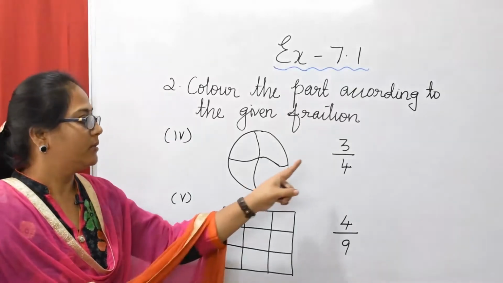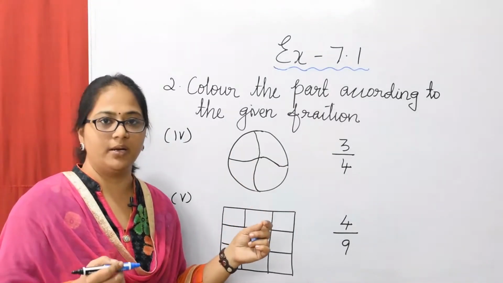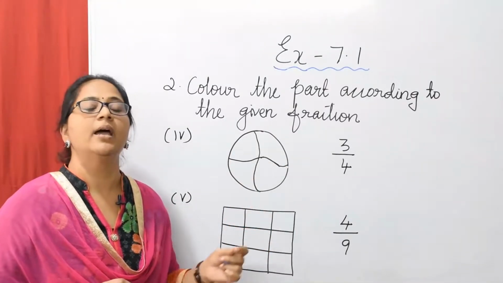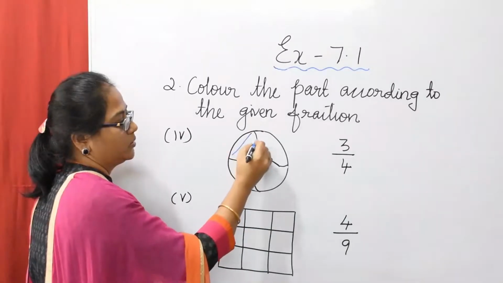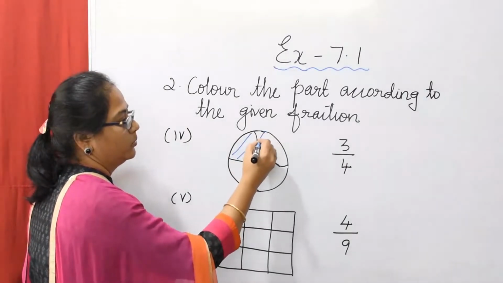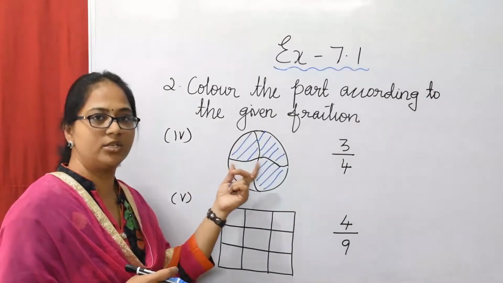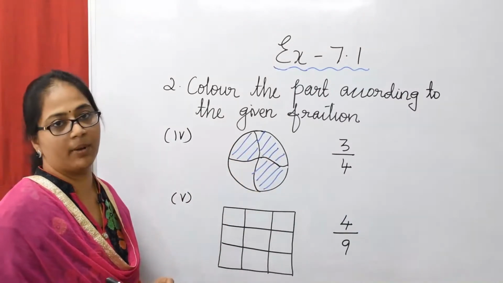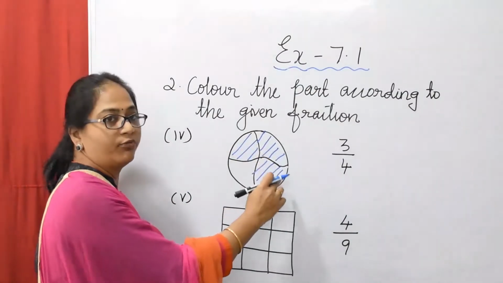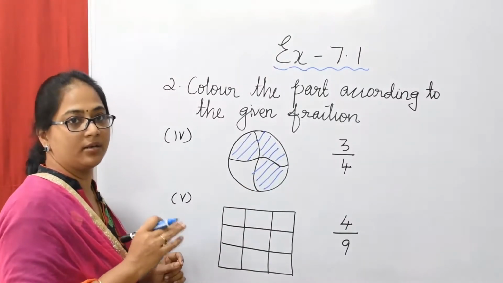You can shade any 3 parts. So 1, 2, 3 parts are shaded, 3 out of 4.